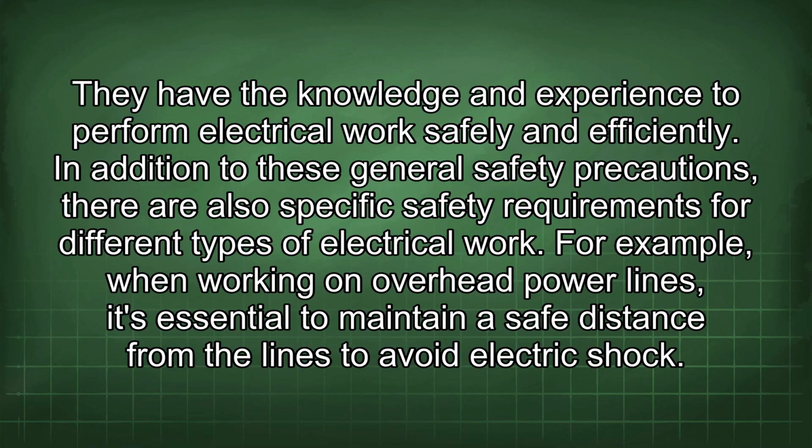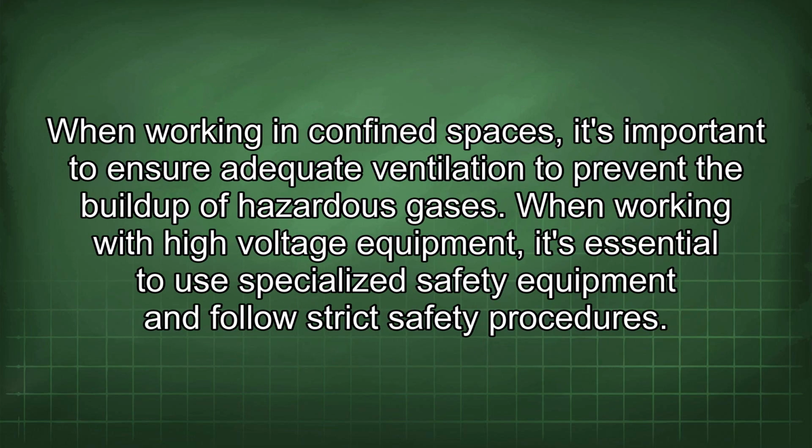In addition to these general safety precautions, there are also specific safety requirements for different types of electrical work. For example, when working on overhead power lines, it's essential to maintain a safe distance from the lines to avoid electric shock. When working in confined spaces, it's important to ensure adequate ventilation to prevent the buildup of hazardous gases.